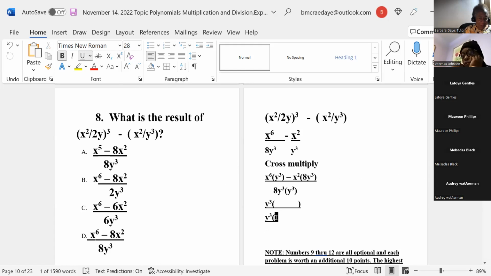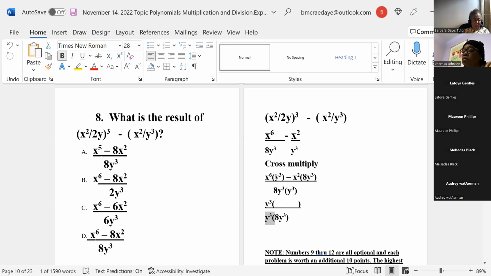So let's put that in parentheses. Now, what goes in the parentheses in the numerator? Maureen? What goes in parentheses right here? I ain't got a clue, Miss Barb.